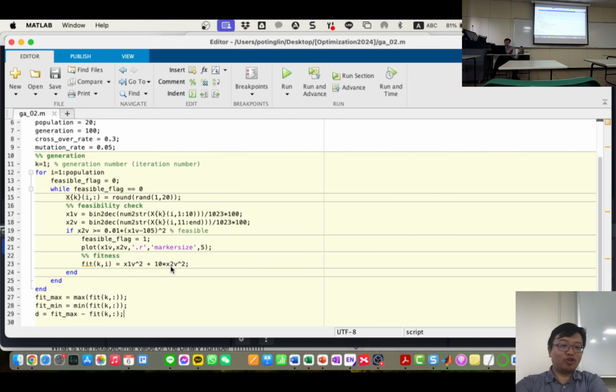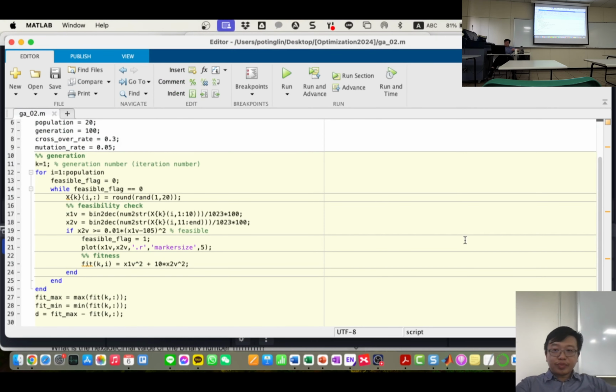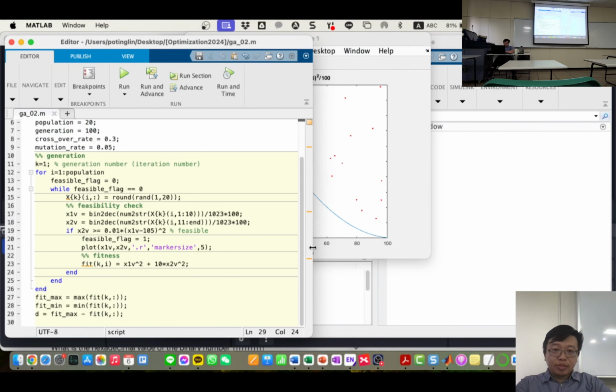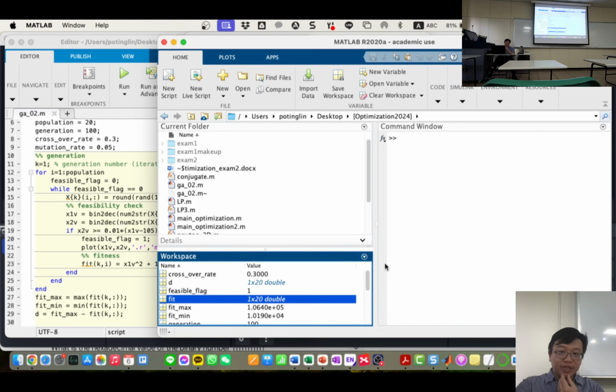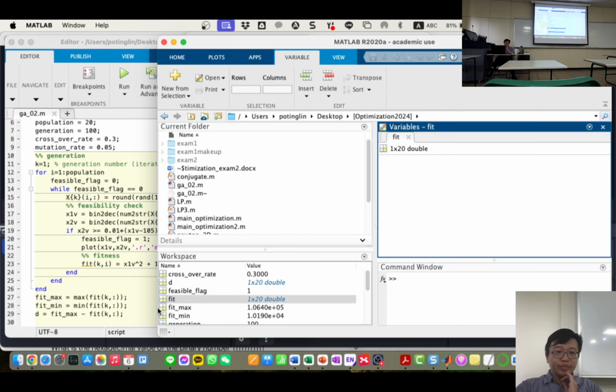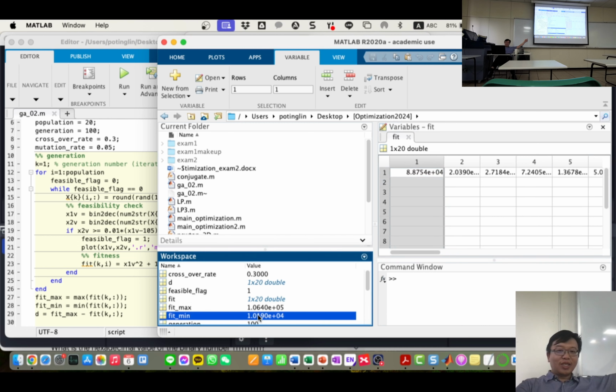I'm going to show you what's going on. Now the fitness, if you take a look at fit, they are 20 fitness values. Some of them are quite large. The minimum one is this one, and the maximum one is this one.